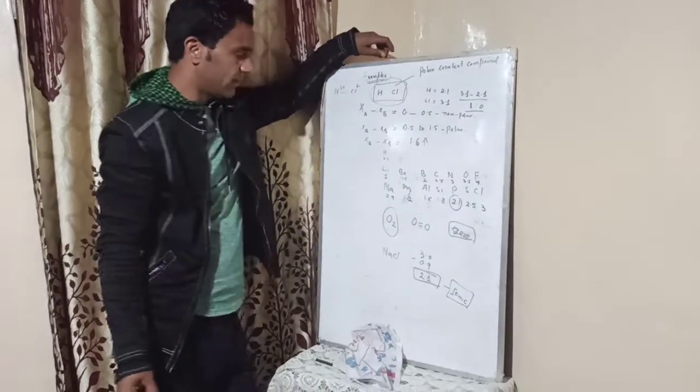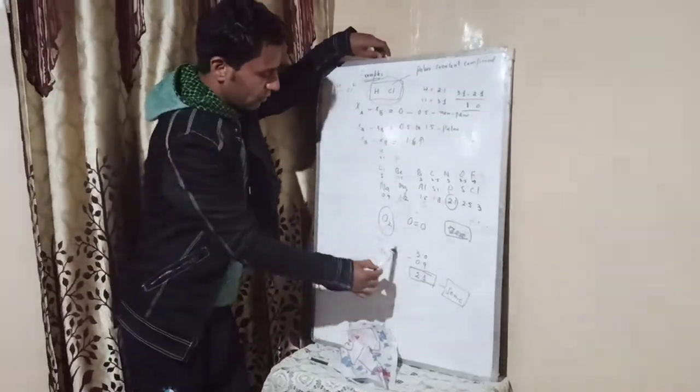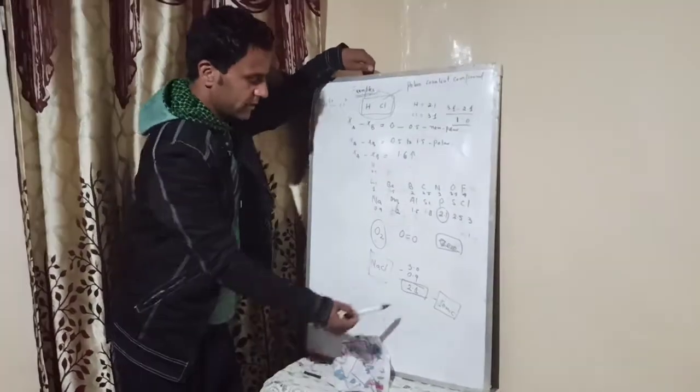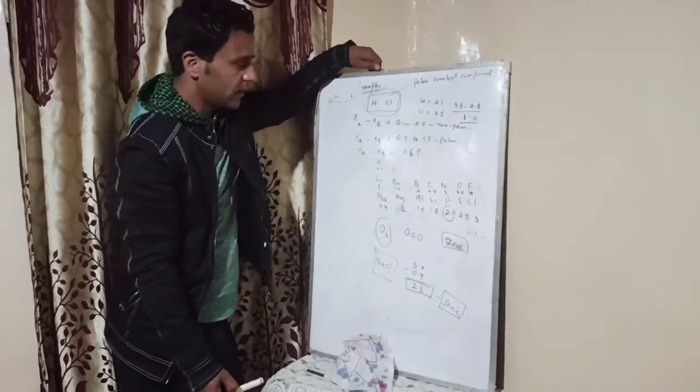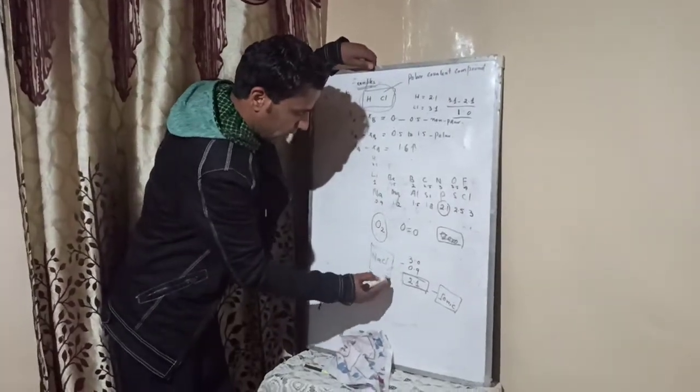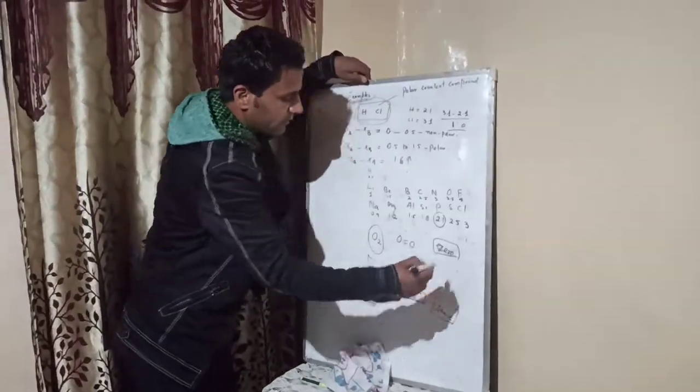non-polar covalent compound. In case of sodium chloride, the electronegativity difference is more than 1.6; it's 2.1 here. That's why it is not a covalent compound, but an ionic compound.